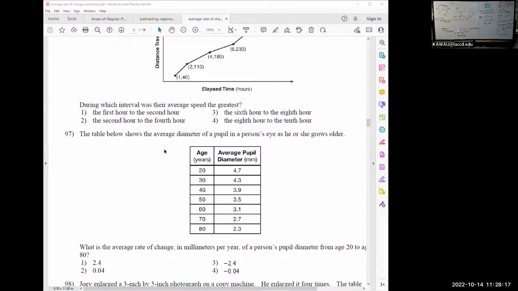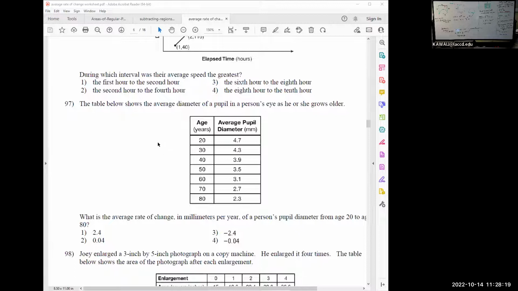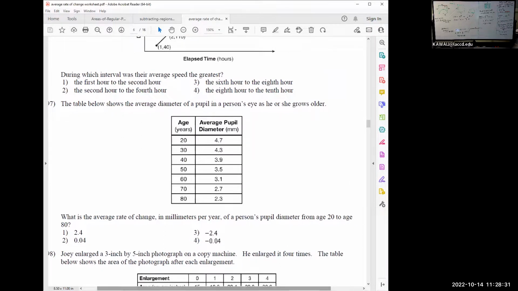Okay. Now they may give you a graph, or they can give you a table. So here's your X value, here's your Y value. They want you to find the average rate of change from 20 to 80.